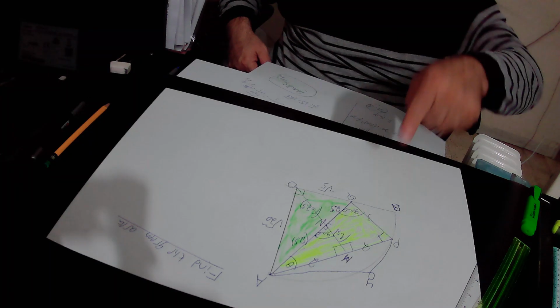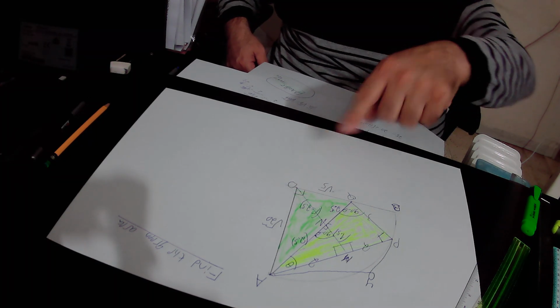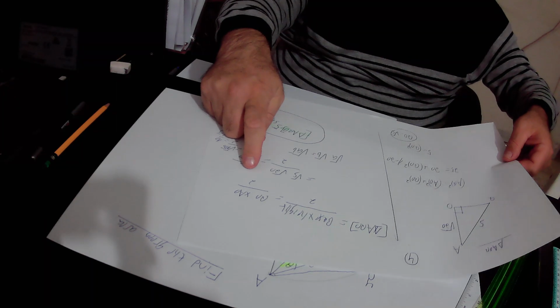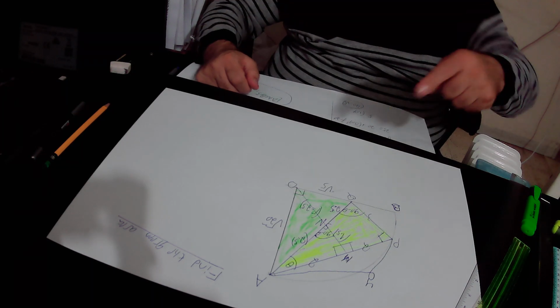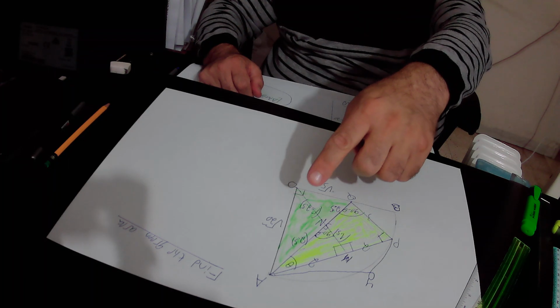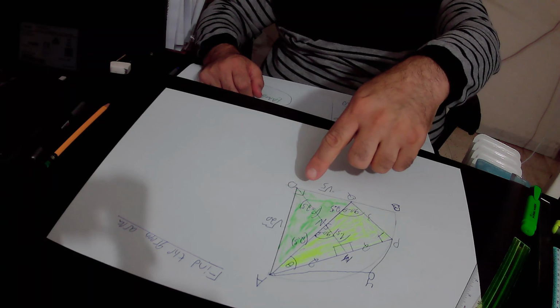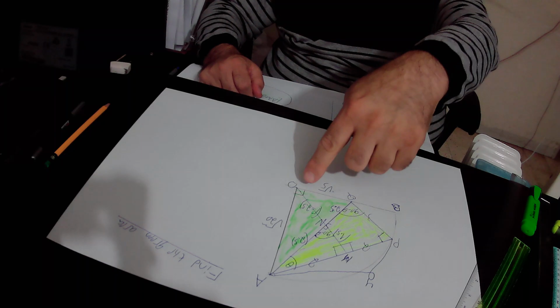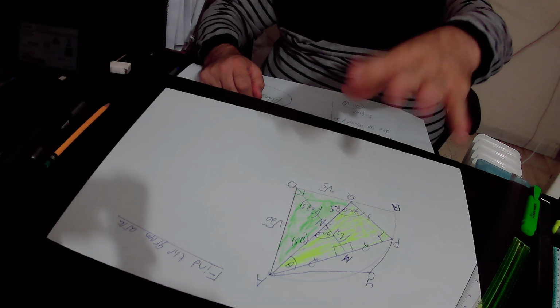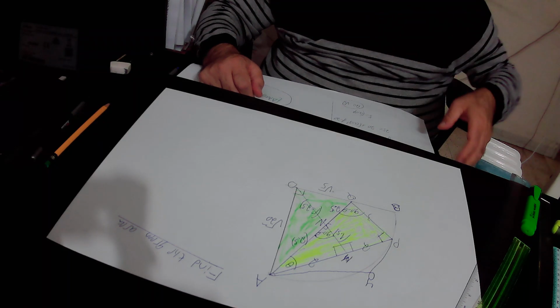The base is QO, the height is AO, so it is QO times AO over 2. Here, the height of this green right triangle is AO because AO creates 90 degrees with the base QO, and the height must create 90 degrees with the base.